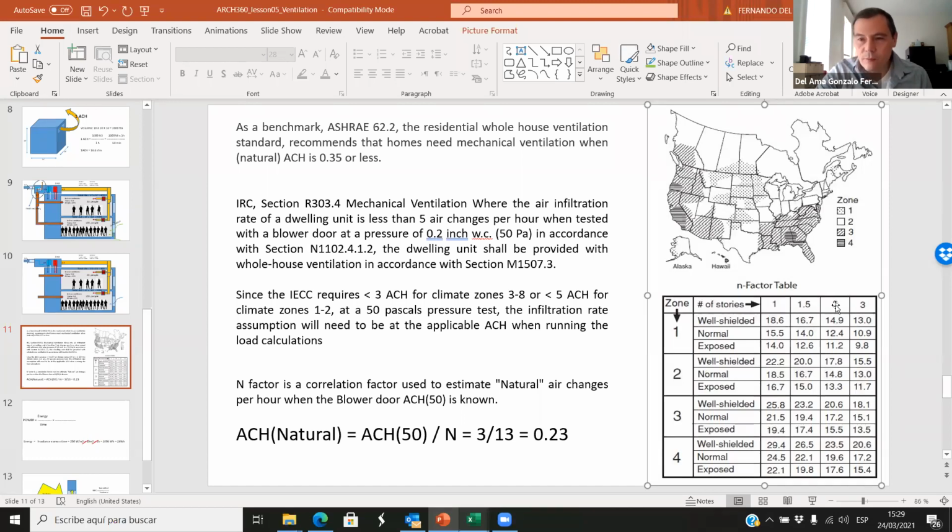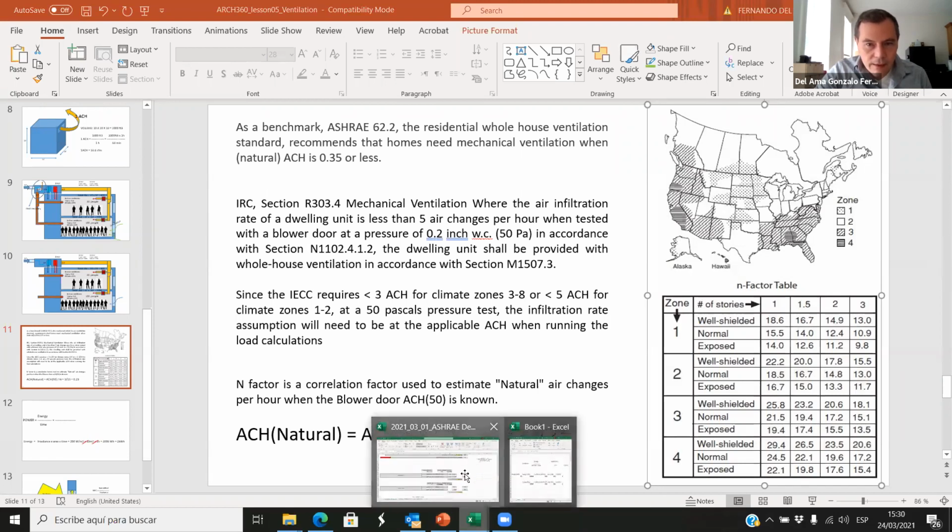I said 2 because for a single family house, we usually have 2 above grade. We are not counting the basement. Okay, so we have 2 floors, first floor and second floor, or we have 3 floors or above. So that's it. A single family house with 2 floors, normal exposure, zone 2. So that value would be 14.8.